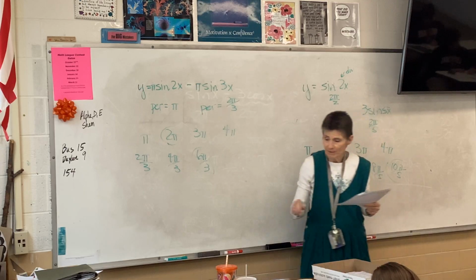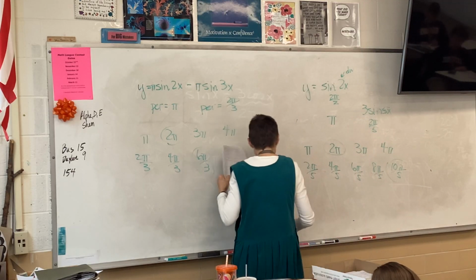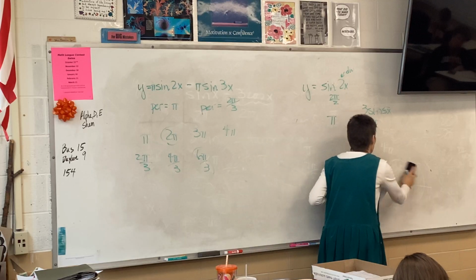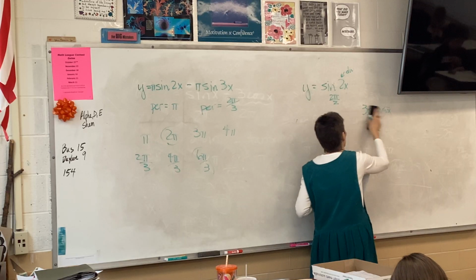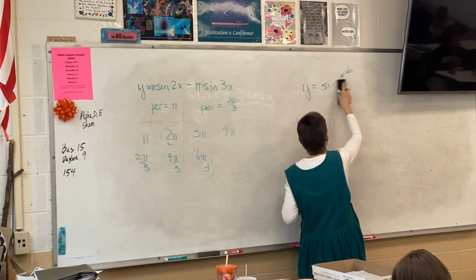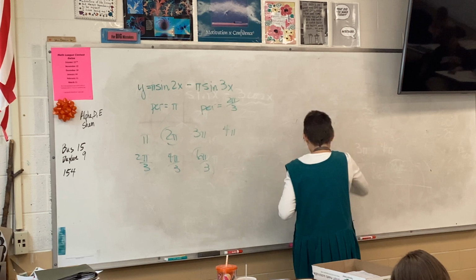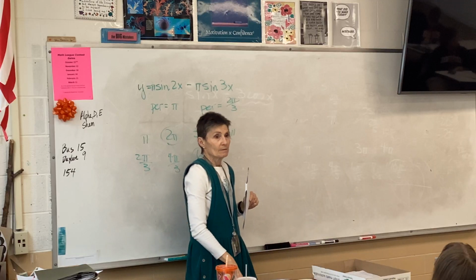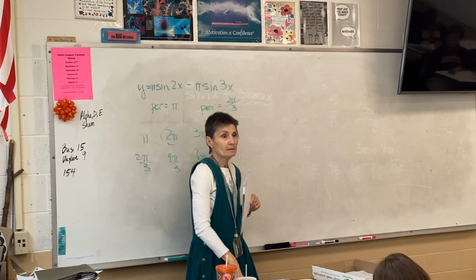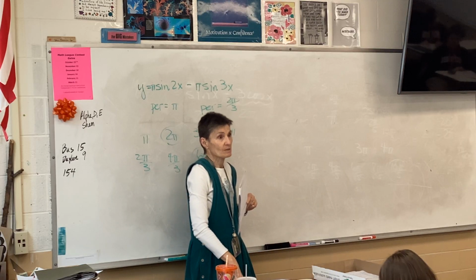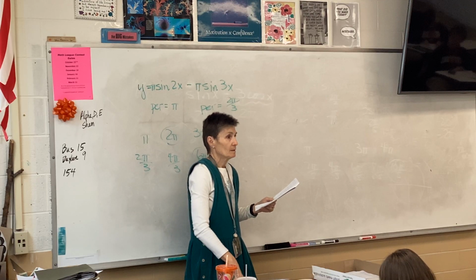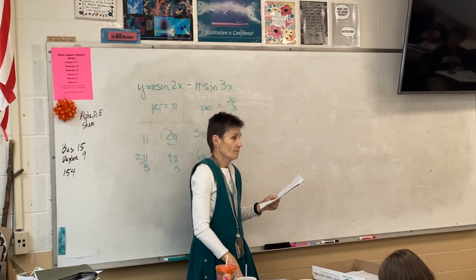For F, again, don't get confused. When we're talking period, what is the only thing we worry about? The coefficient on x, right? So what is the period of the first part?